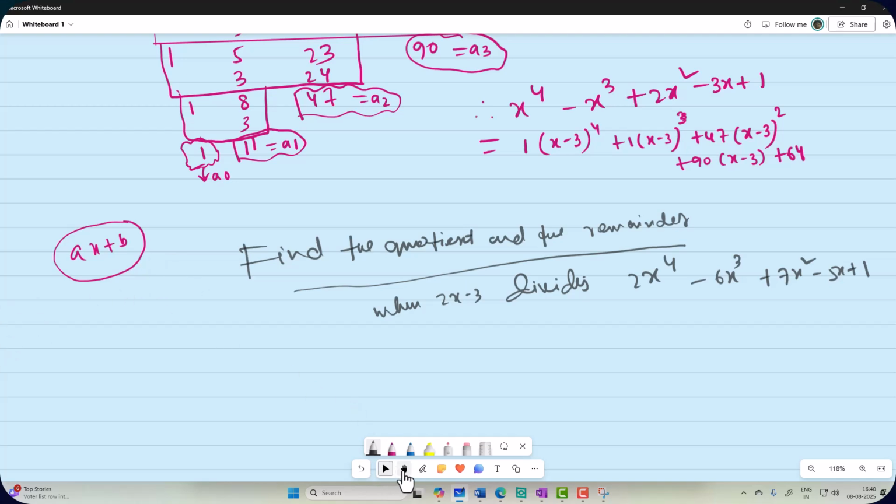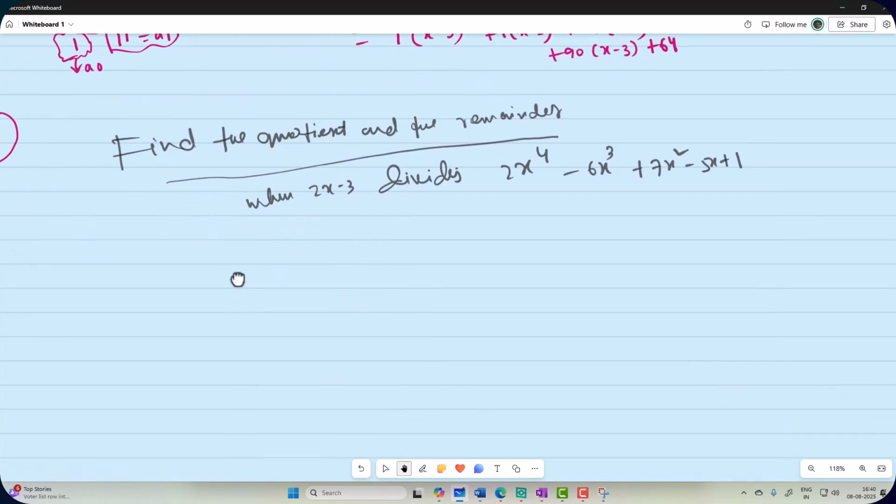Okay? We have to write the quotient and remainder when you divide this thing by this thing. This fourth degree by the first degree. How to do? I am showing you.